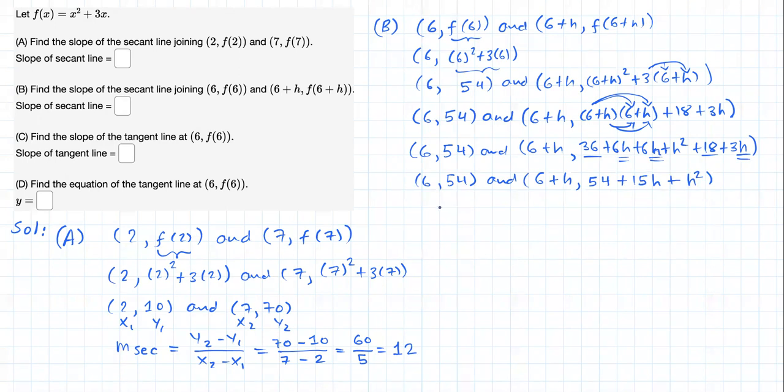Now they want us to compute the slope of the line containing these 2 points. So we're gonna do something similar to what we did in part A. We're going to identify this with x1, this with y1, this guy with x2, this guy with y2.